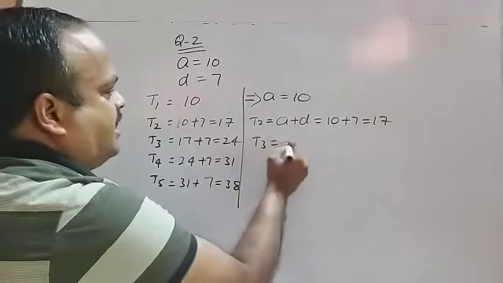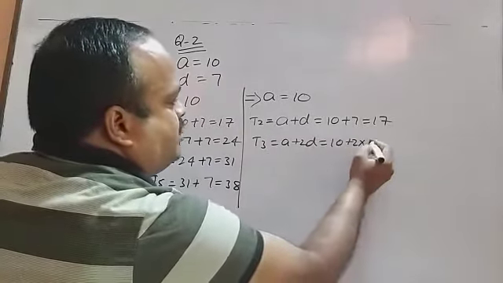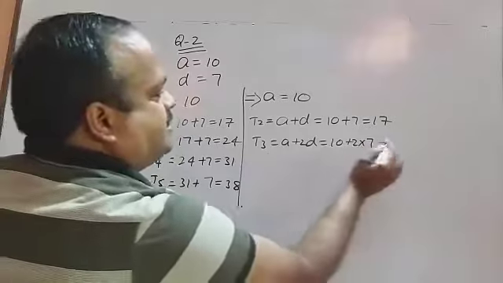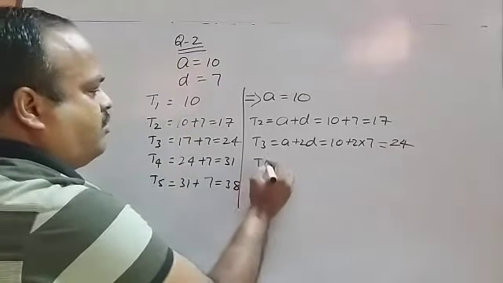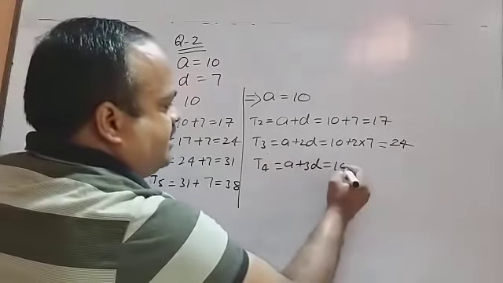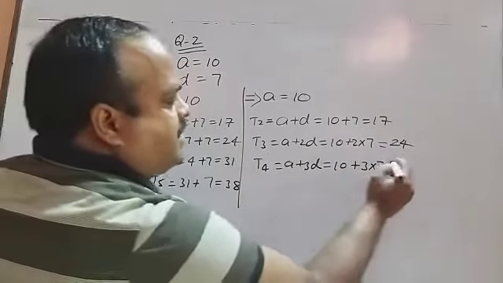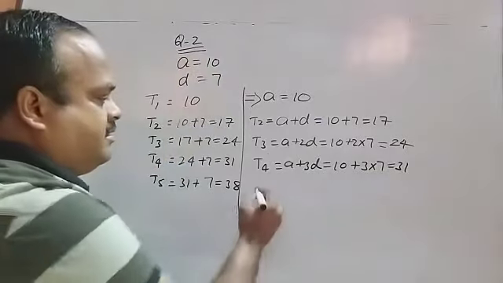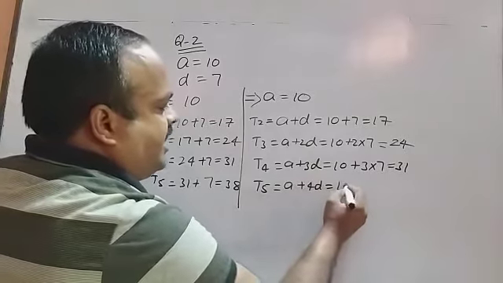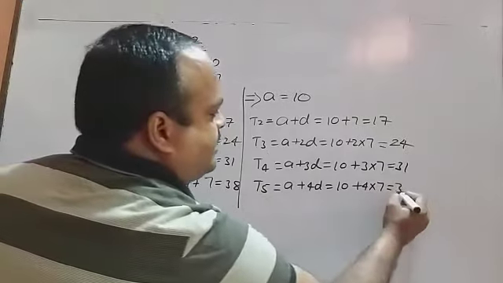T3, a plus 2d. a is 10, 2 into 7, 14 plus 10, 24. T4, a plus 3d. So a is 10 and d is 7. 7 threes are 21, 21 plus 10, 31. T5, the fifth term, a plus 4d. a is 10, 10 plus 4 into 7, 28 plus 10, 38.